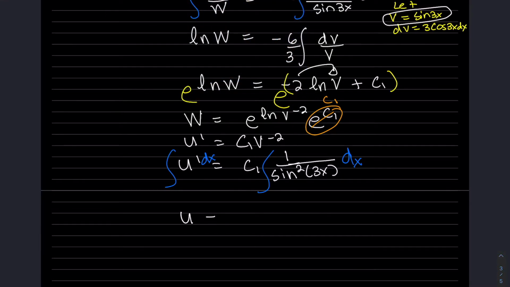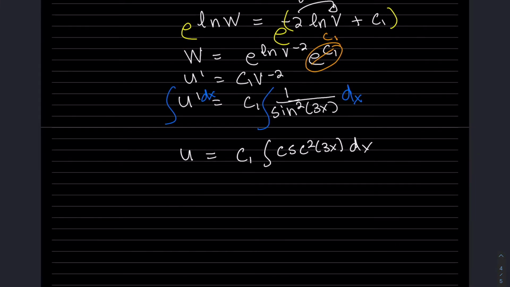So u. Oh, that's cosecant squared. And that's one of our trig functions. Remember, the integral of secant squared is tangent of theta. And this is cosecant, it's cotangent of that angle.